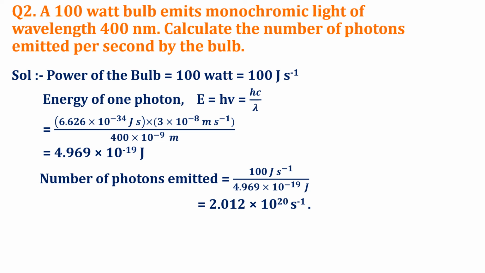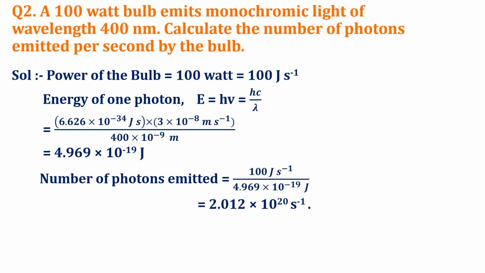For calculating the number of photons emitted, we divide the total energy, that is the power of the bulb, by the energy of one photon. So we divide the total power of the bulb, 100 joule per second, by 4.969 into 10 to the power minus 19 joules.